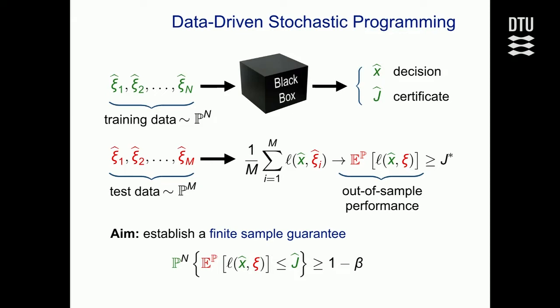Abstractly, these two objects, the candidate decision x hat and the certificate J hat, are just functions of the data. The black box here contains some transformation that maps the data to a decision and a certificate. Now, of course, the question is, what should we put in the black box?